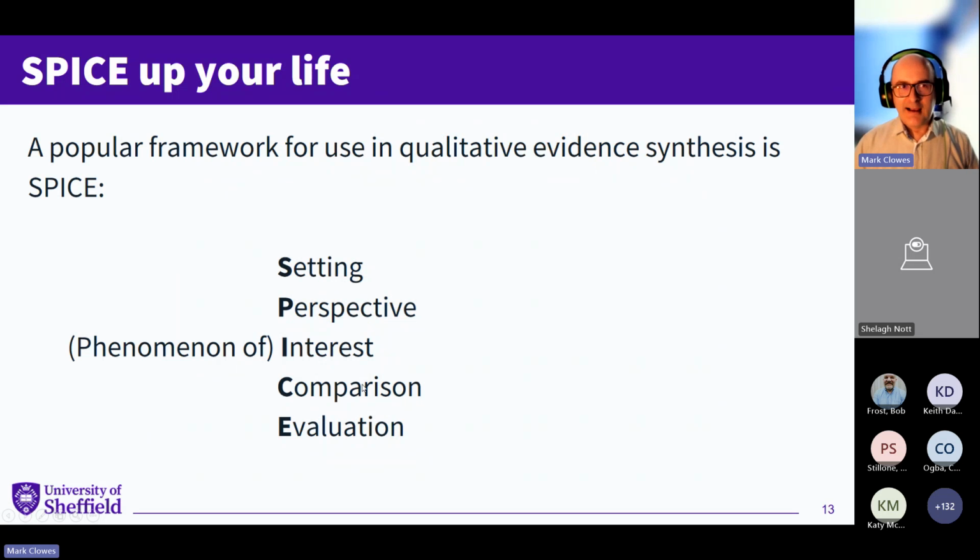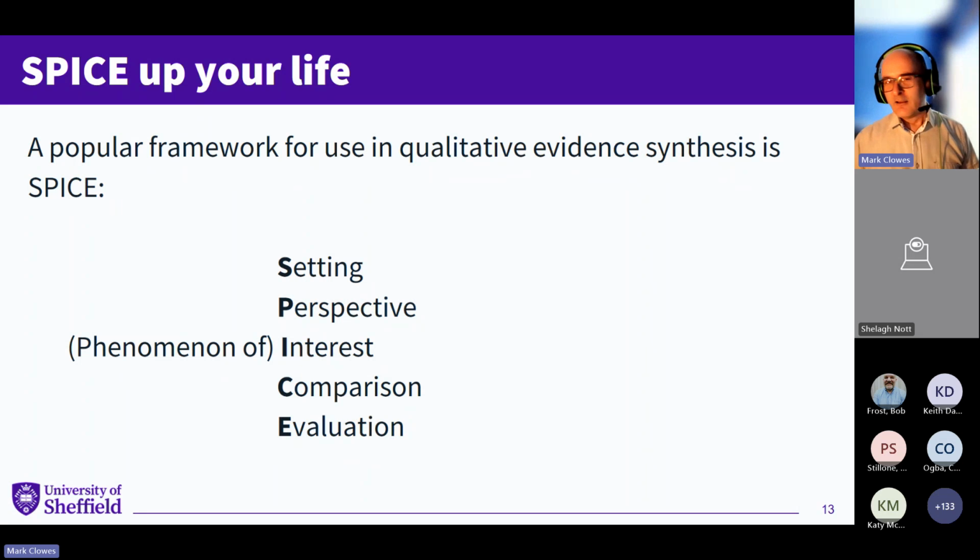I wanted to highlight a particular one that we use a great deal in qualitative evidence synthesis, which is SPICE. It's another one of Andrew's acronyms. So in this one, rather than PICO, we're looking for setting, perspective, slightly contrived, phenomenon of interest, and then a comparison and evaluation.